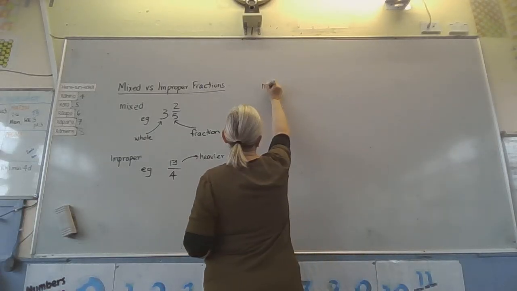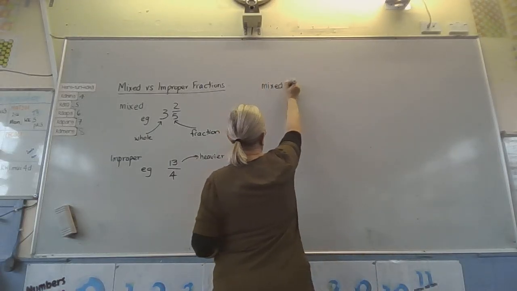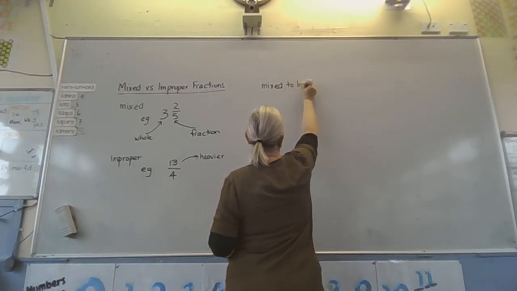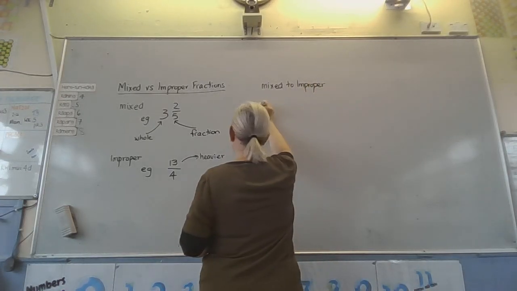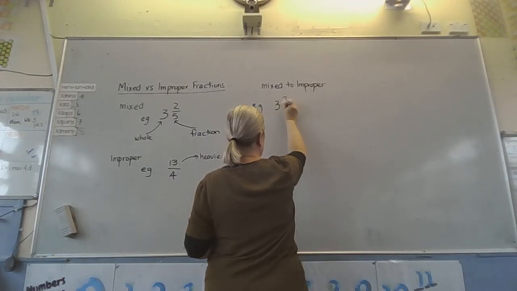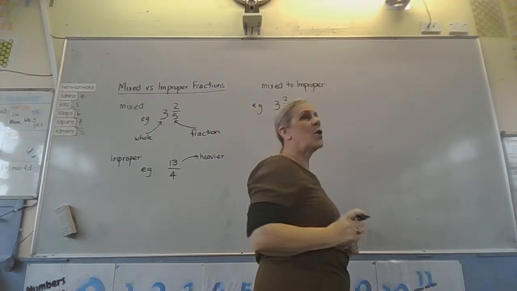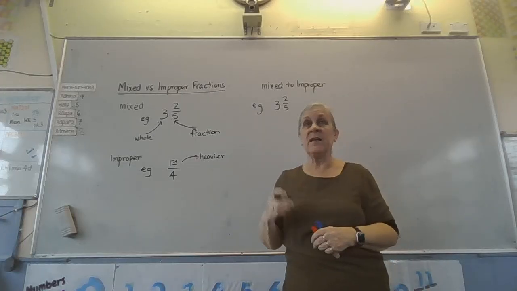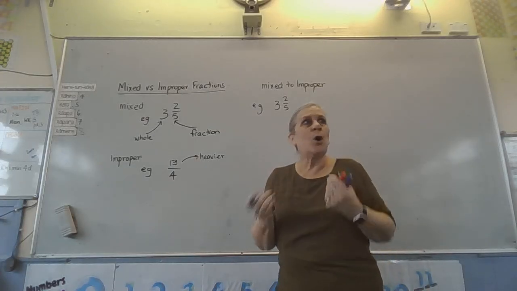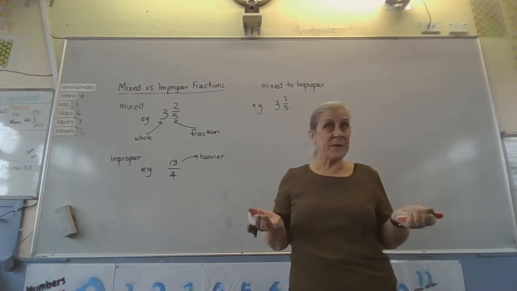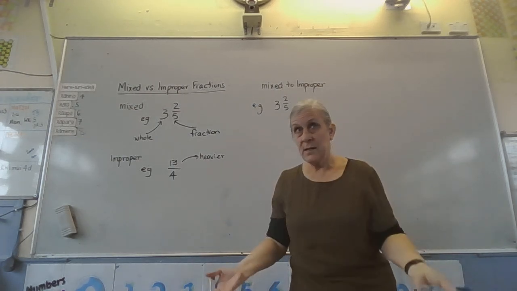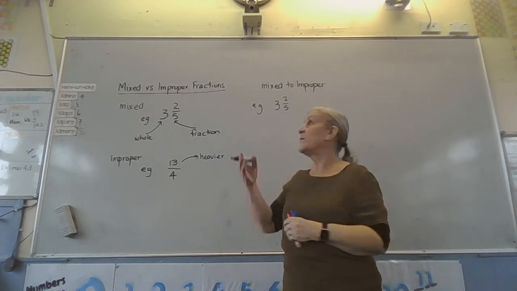So if we go from mixed to improper, we've got 3 and 2 fifths. Right, we want to know how many fifths is that. Now, I know that you can just see it straight away, okay? Know that 3 is how many fifths? 15, and we've got 2 more.